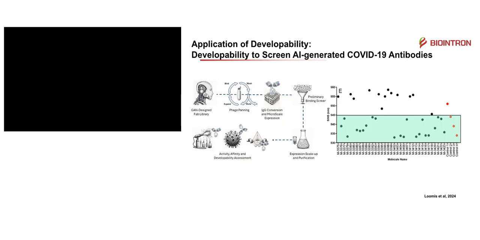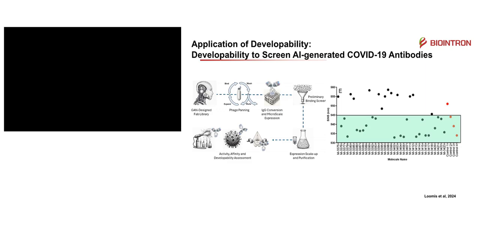So this is another work. All the antibodies are generated de novo, and of course, you want to do some binding experiment very quickly, and then you want to do all kinds of developability and functional assessments.